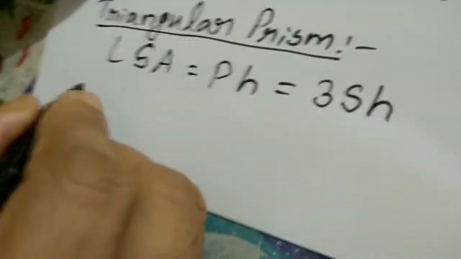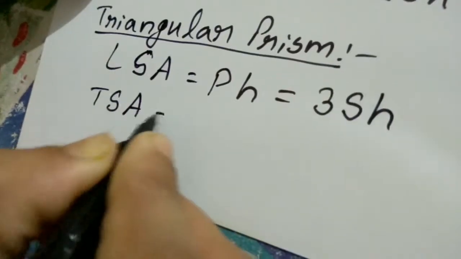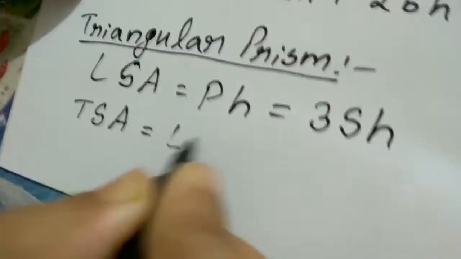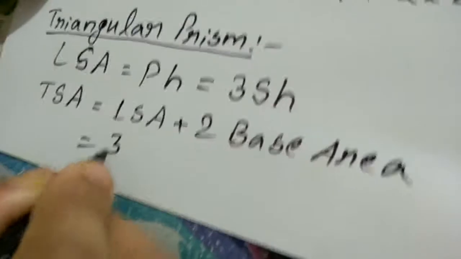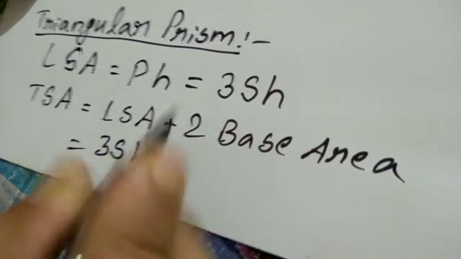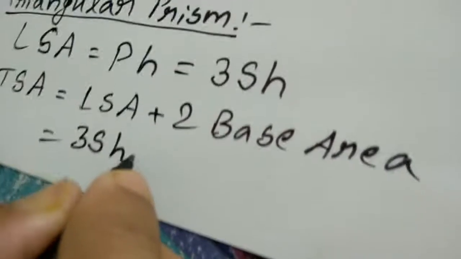Now TSA? TSA is LSA plus 2 times the base area. LSA is 3sh, where s is the side of the triangle, plus 2 times the base area.